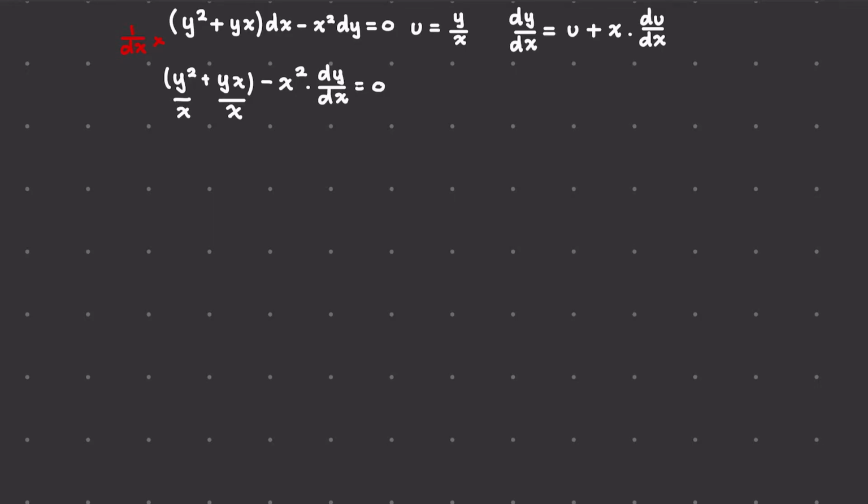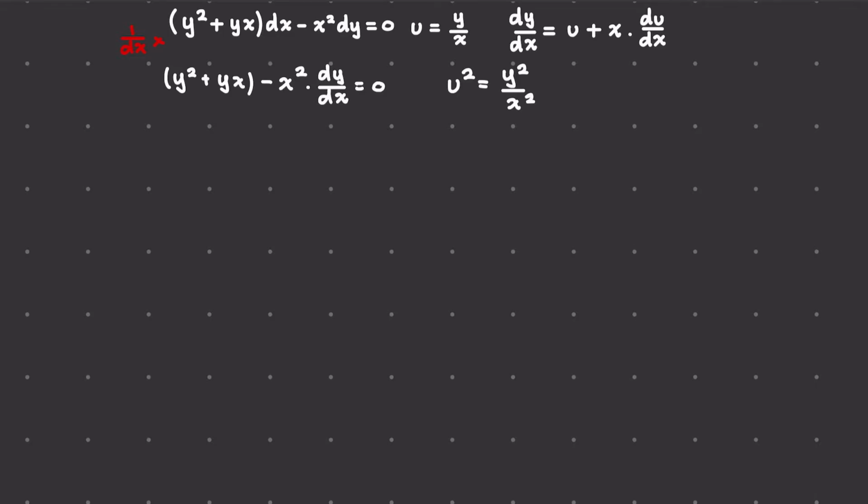From this step we can see that our first term, y squared over x, still gives us a y, and we don't want that because we want to transfer everything into u and x so that we can use a separable method later on. And so let's try changing our substitution variable, u equals, but now let's change it to u squared equals y squared over x squared.